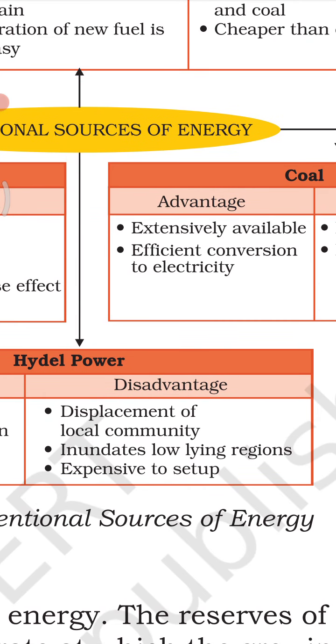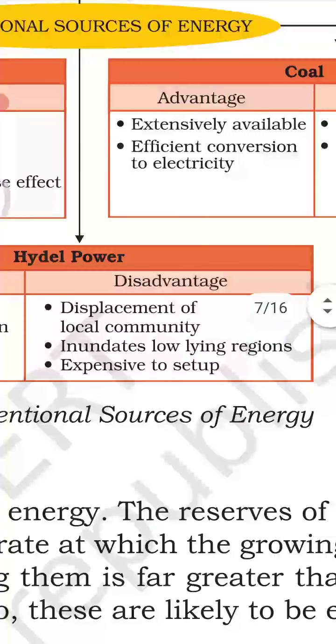Disadvantage: displacement of local community, because when the dams are built, the local people are displaced from their local area, and it's really a big problem for them. Then inundates low lying regions, like low lying areas are also at risk, because areas like forests are cleared for the production of electricity.